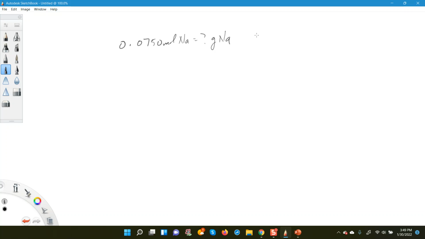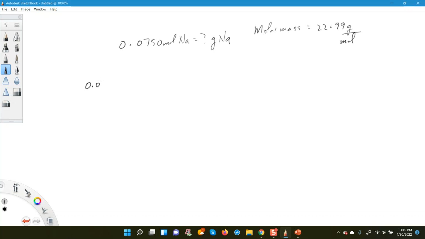The first thing I would do is go to the periodic table and look up the molar mass of sodium. The molar mass of sodium, if you look it up, would be equal to 22.99 grams per mole.